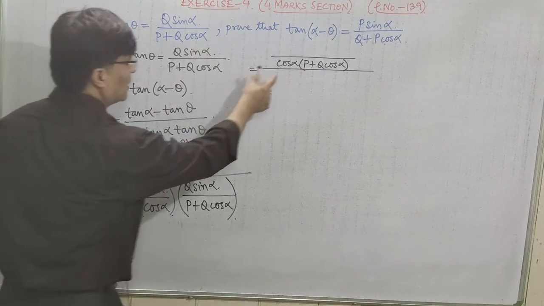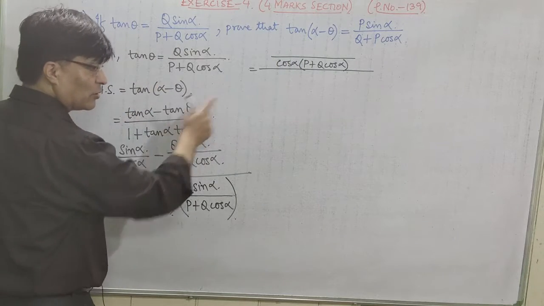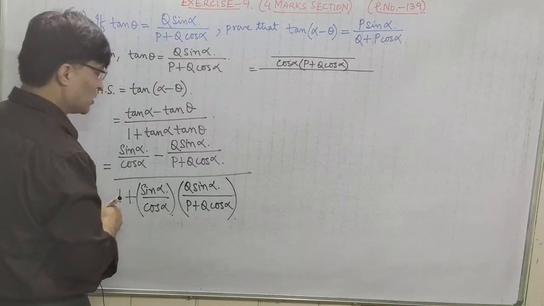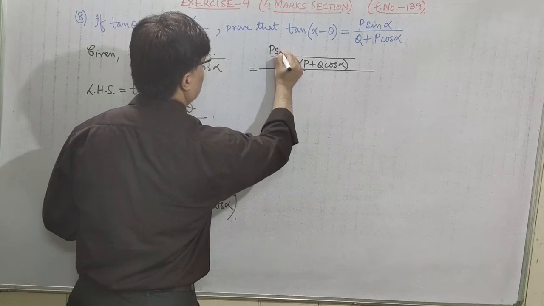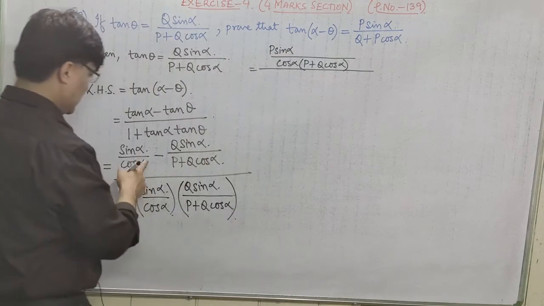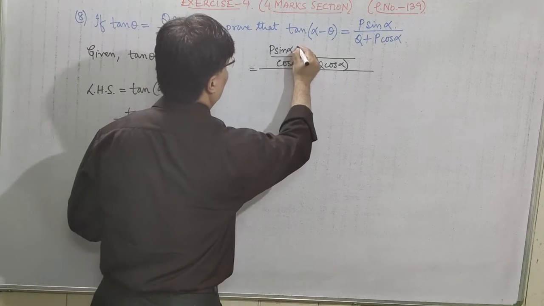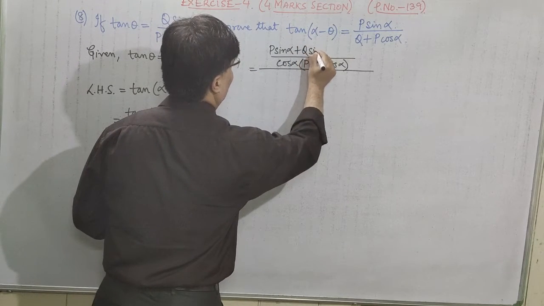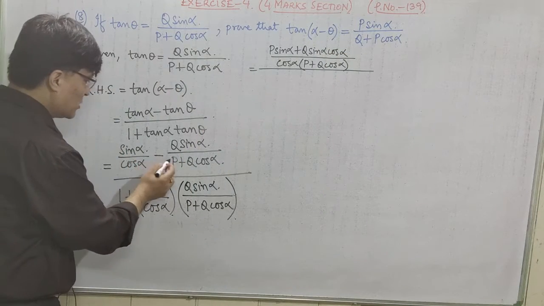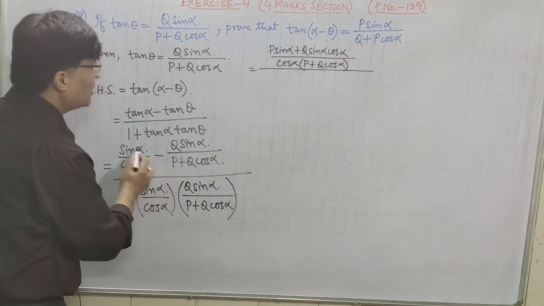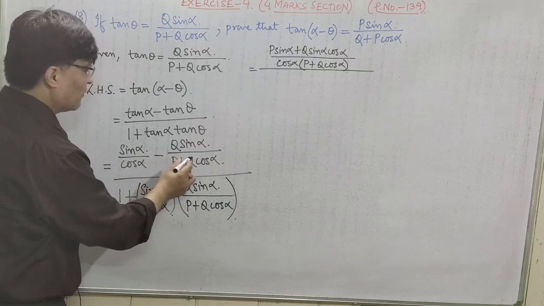So this LCM is divided by cos alpha, which gets cancelled. You get p plus q cos alpha and it is multiplied by sine alpha. That is p sine alpha plus q sine alpha cos alpha.